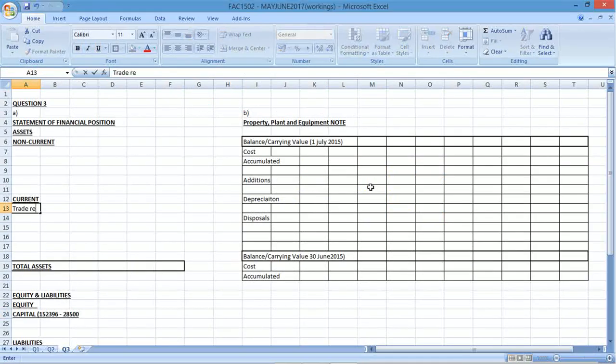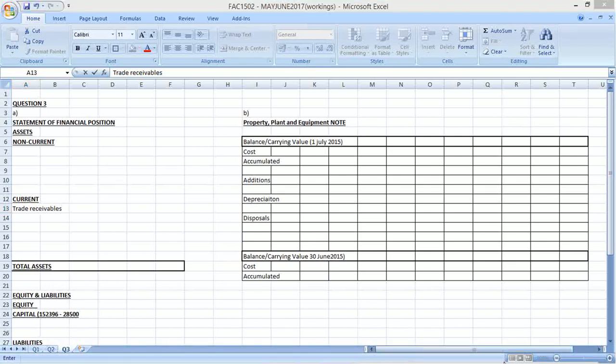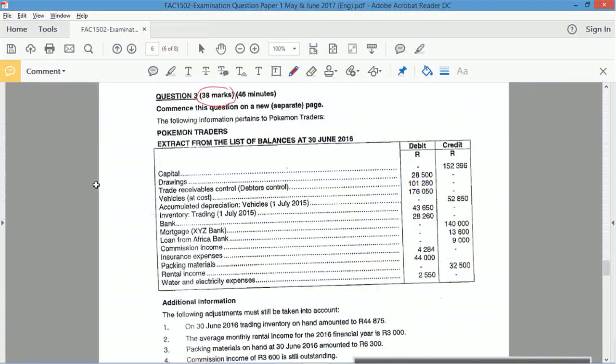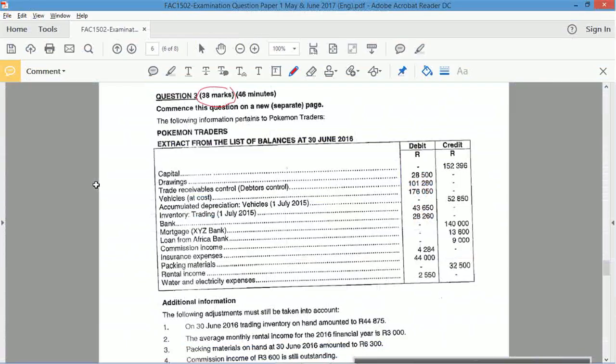So then I write down trade receivables, and I'm going to write in the amount. What is the amount? 101,280. Just checking. I thought it was off. Alright, so trade receivables is 101,280, great. Next bit, vehicles. What is it? Special. It's part of property, plant, and equipment.